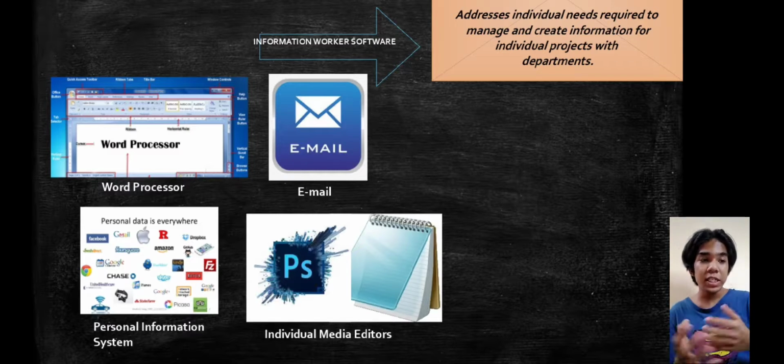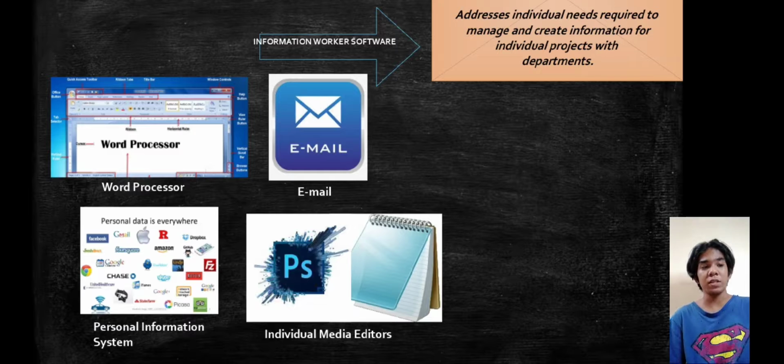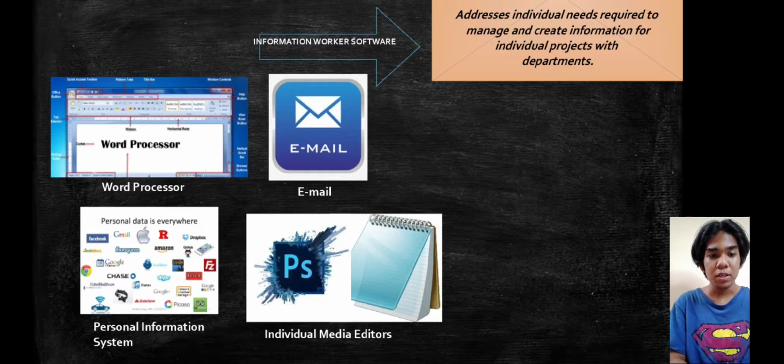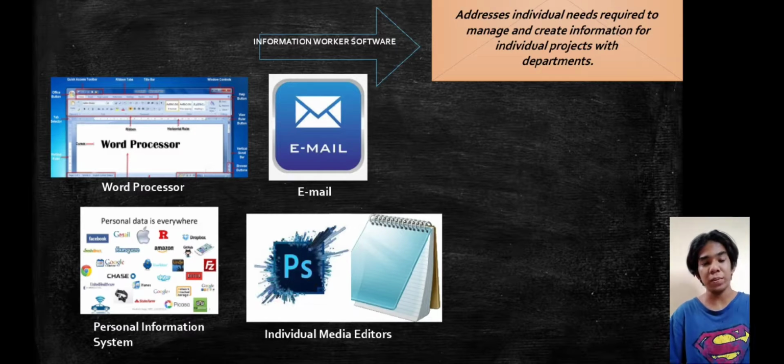Examples of application software that belong to information worker software are word processors, email, or personal information systems such as Facebook, Google Chrome, and Apple ID, and individual media editors such as Photoshop and Notepad. These application software may aid multiple information worker tasks.